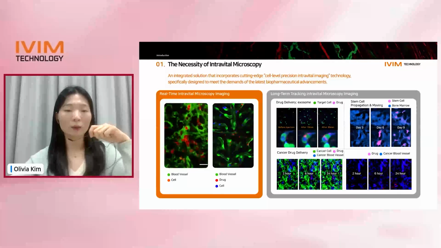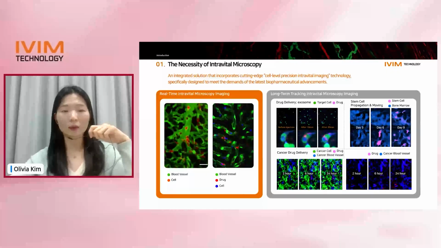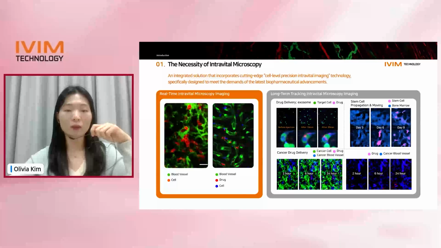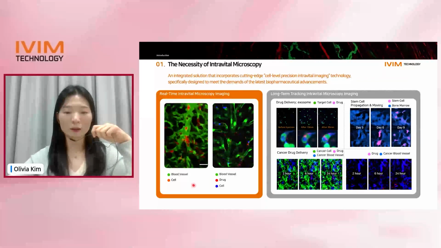With multi-channel imaging capabilities, different labels can be detected simultaneously, enabling the concurrent observation of multiple cell types or biological processes within the same tissue environment. This multiplexed approach greatly enhances our ability to study complex cellular interactions in real time. For example, on the left, you can see data from a sepsis model, where inflammation leads to vascular blockage in the lungs.